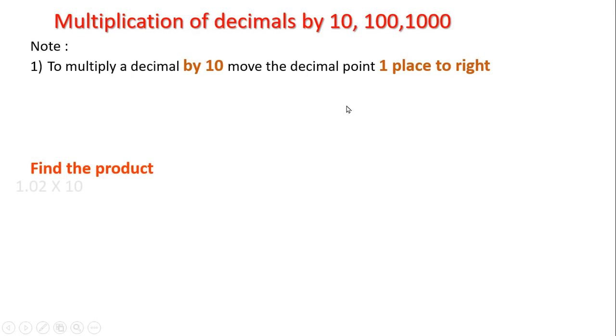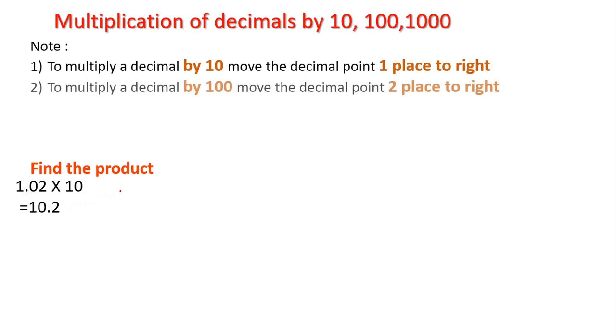For example, to find the product of 1.02 and 10, we'll move this decimal point one place to the right, which means we'll remove this decimal point from here and move it one place next. After moving, it will become 10.2. This is the shortcut way to find the product of any decimal number with 10.